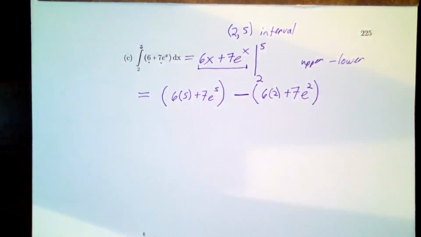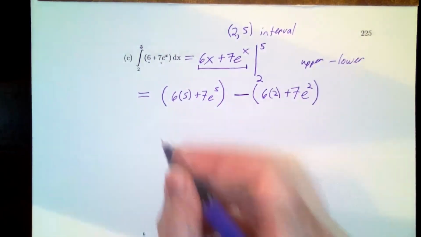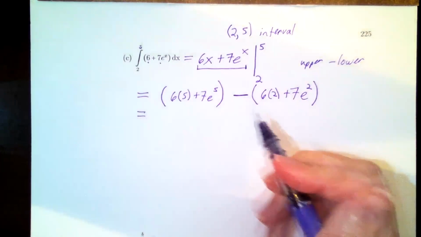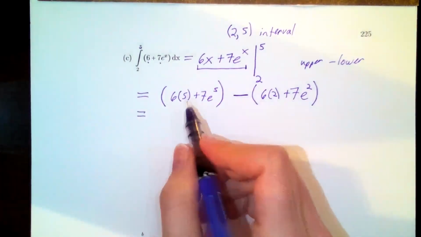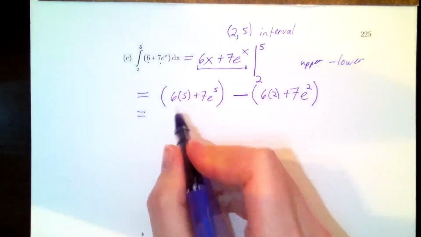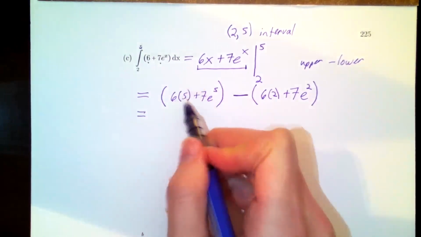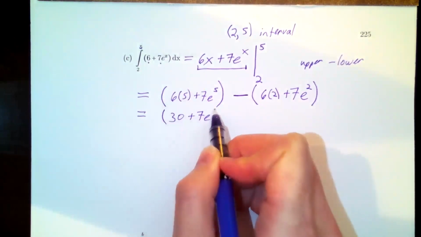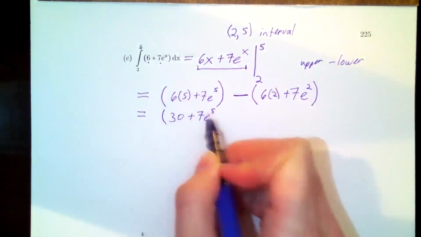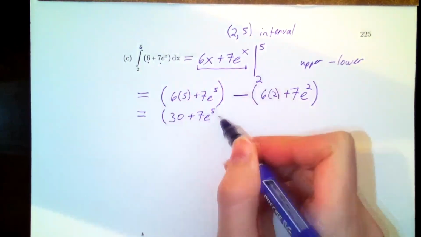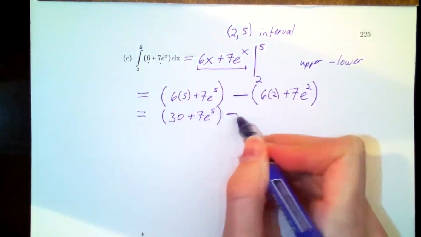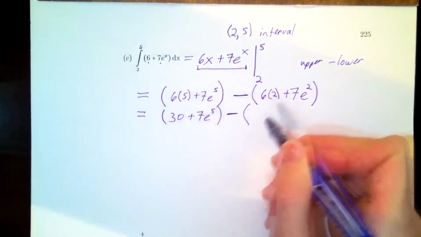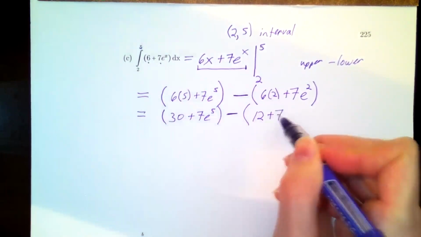Now this is where you can punch this in your calculator. We can also leave it exact by not punching it in our calculator. So let me do this all the way down as far as I can. First, 6 times 5 is 30. So this becomes 30 plus 7e to the 5. Now this is going to be a nasty looking decimal, but I'm going to leave it as this for now. Minus 6 times 2 is 12 plus 7e squared.